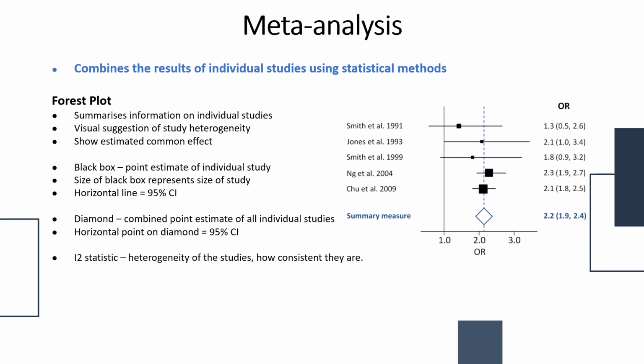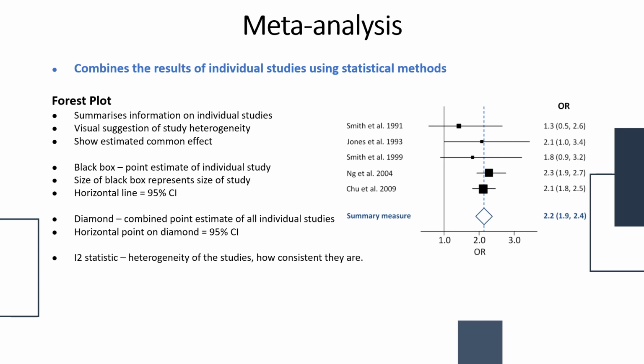You'll notice that the bigger studies have a narrower confidence interval because you can be more sure of those results. You then have this diamond at the bottom, and the diamond is the combined estimate of all of these included studies. The horizontal width of the diamond tells you the 95% confidence interval of the combined point estimate of the studies.